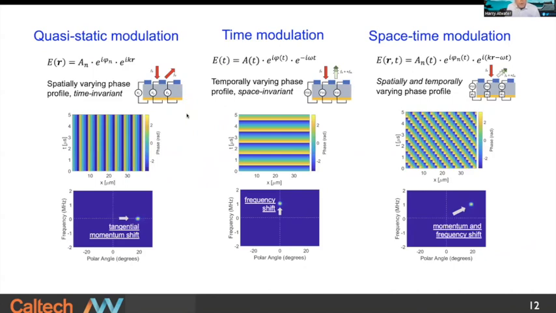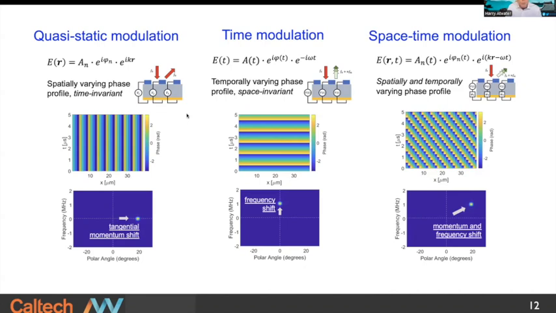As I've described, quasi-static modulation can allow us to reconfigure the spatial phase gradient of a metasurface, as shown on the left. If we now look at a map, a phase space of time and position, you can see that the effect of reconfiguring the phase gradient is to steer a beam at a different angle, which implies that we're imparting a parallel momentum to that beam.